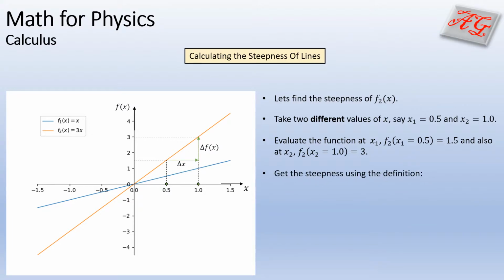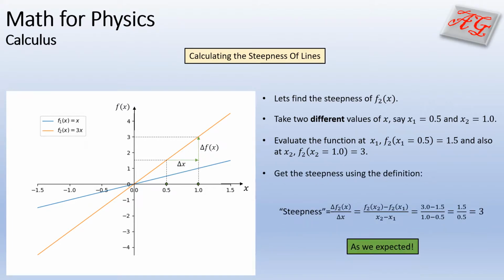Now use the definition of steepness, delta f over delta x, that is f2(x2) minus f2(x1) divided by x2 minus x1. So when you plug in the numbers, the result is 3, as we expected.